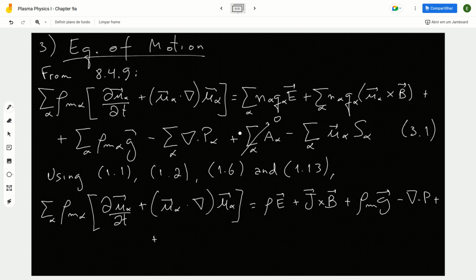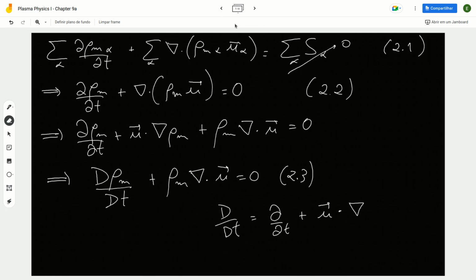I don't have P. Okay, actually in 1.13 what we had is like this. The sum of P alpha is P minus, so let's check this. 1.13, I forgot about this.